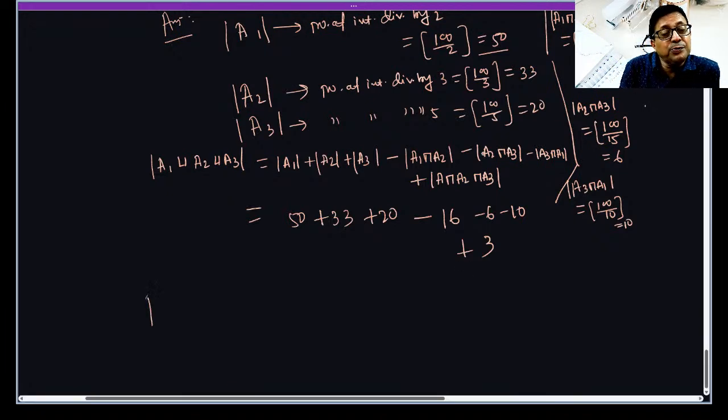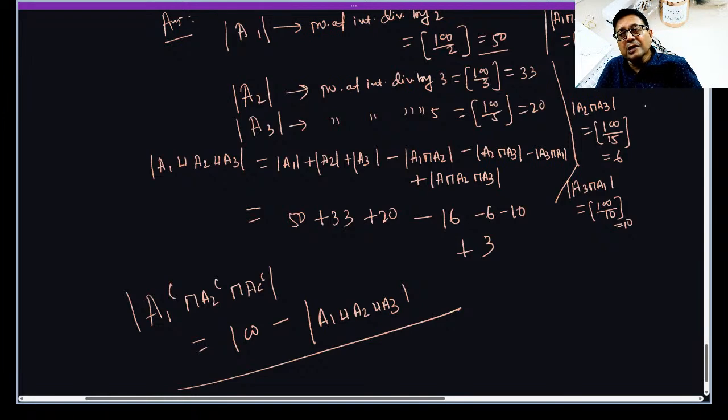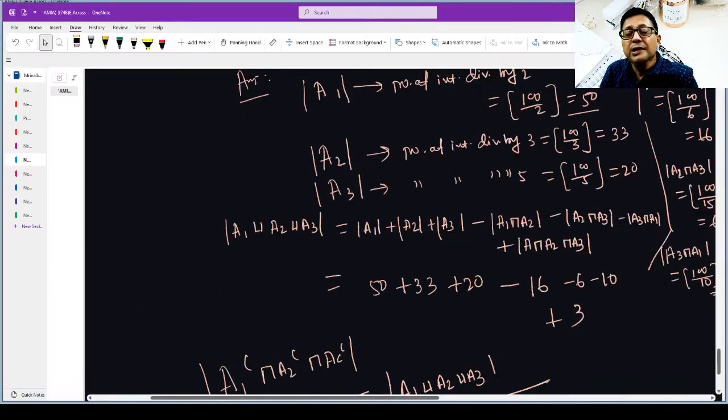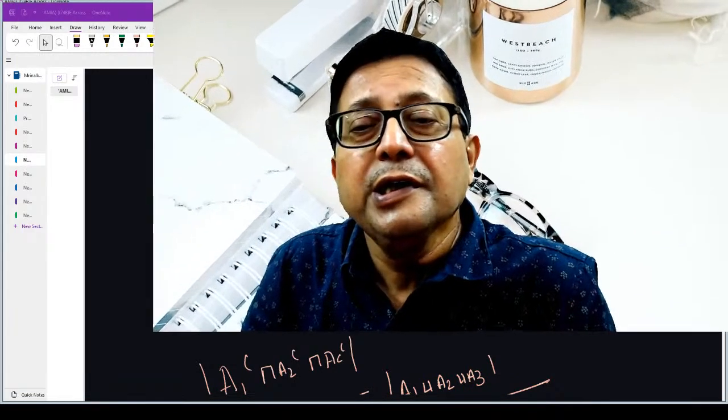And to find how many are not divisible, you will be doing 100 minus this cardinal number. Okay? So in this class I have explained the basic concept of the principle of inclusion and exclusion. You need to practice many sums based on it. Next session I will show you many applications of it.